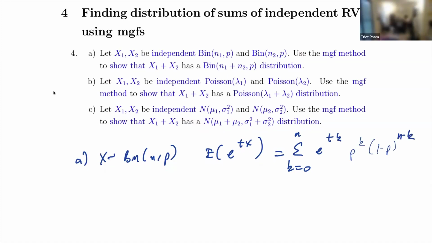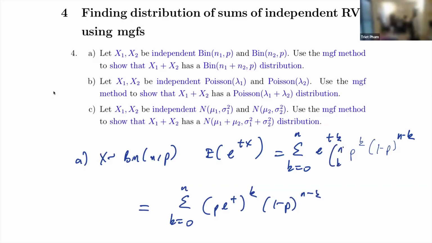And then, of course, we will combine the k together to give us p e to the t, to the k, times 1 minus p to the n minus k. Sorry, I forgot the n choose k. Okay, what would this sum become?